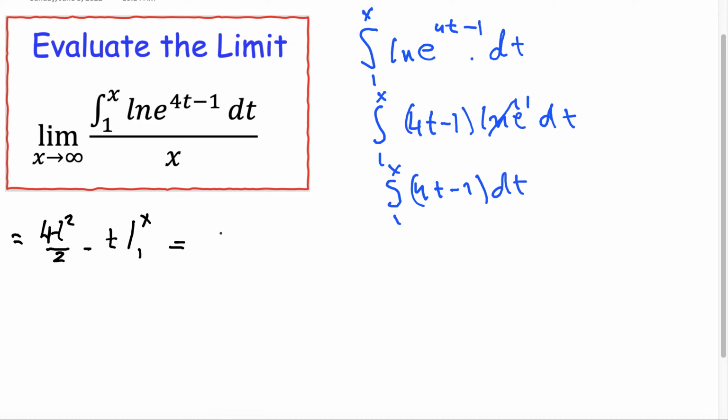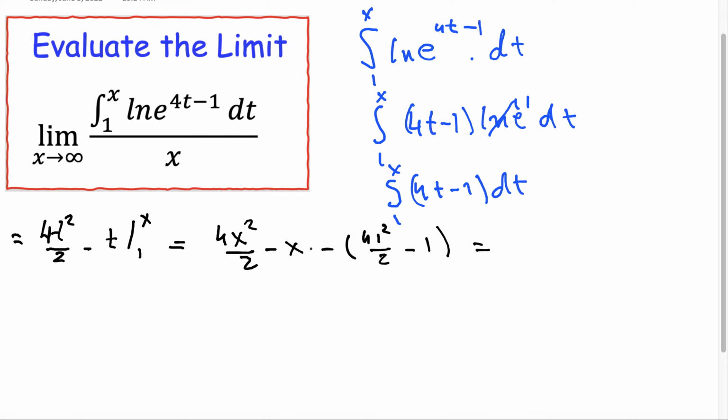When we substitute the limits, it's going to be 4x squared divided by 2 minus x, and here is a minus. Now we substitute the lower limit, 1: 4 times 1 squared is 4, divided by 2 is 2, minus, instead of t, 1.